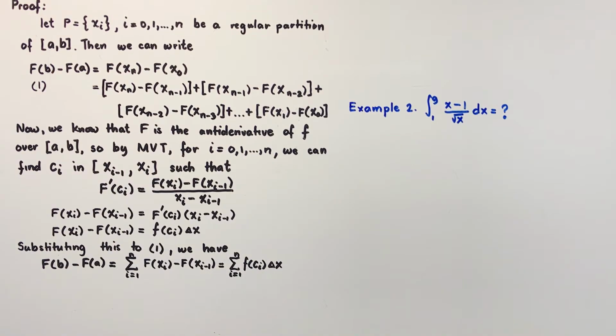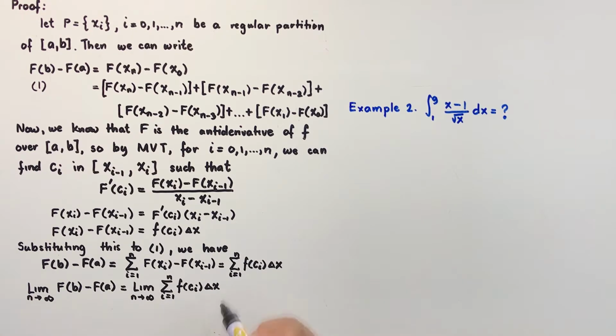And if we are going to take the limit of both sides of this equation, we have the limit of the big F of b minus the big F of a as n goes to infinity is equal to the limit of this. So we have the limit of the summation of the small f of c sub i times delta x, where i is from 1 to n and n goes to infinity.